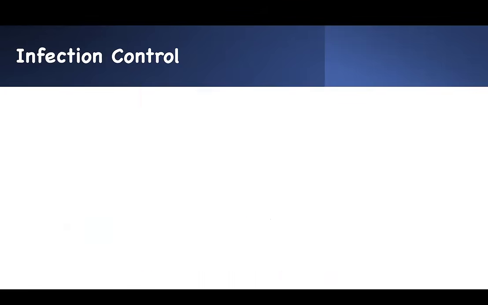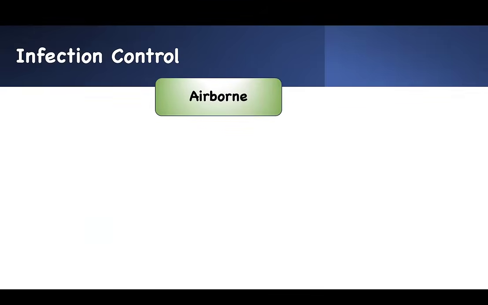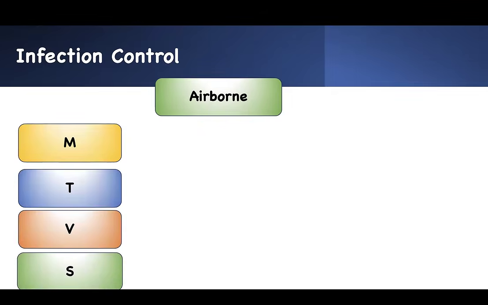Now, we're going to take each one of them, and I'm going to give you a mnemonic, and I want you to write it down. First, you have to know the airborne precaution mnemonic, write it down. MTV, this is the way to remember them, but put S at the end, MTVS, because of the organisms involved. What are the M and the T and the V and S?